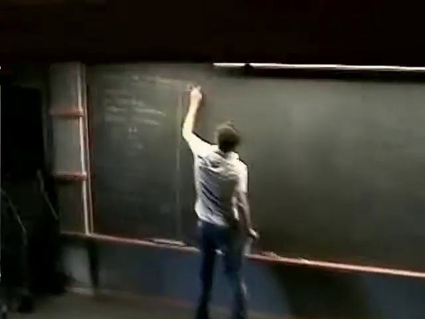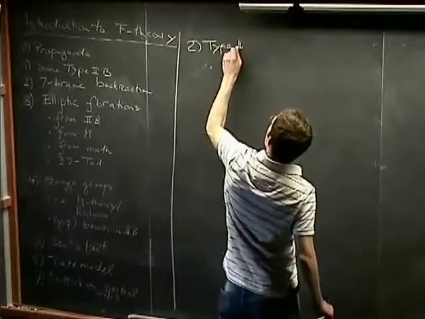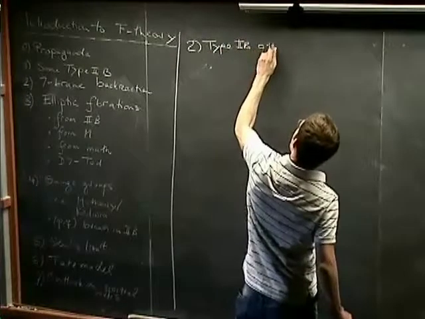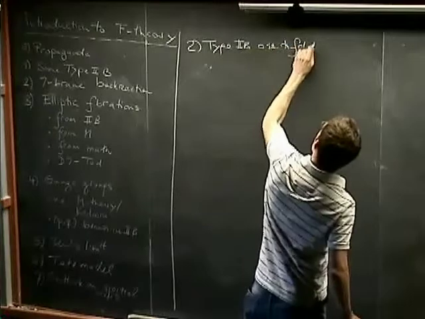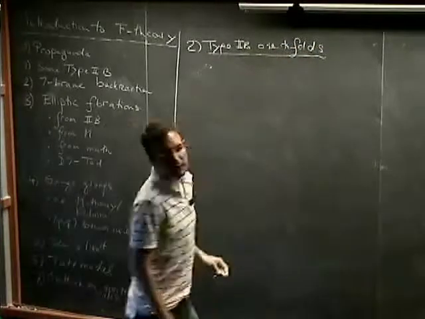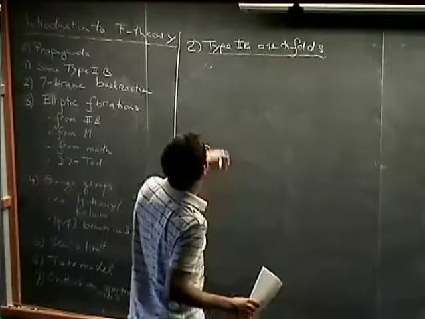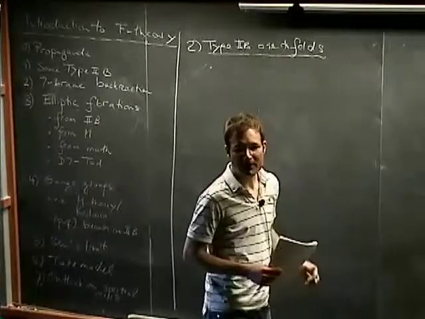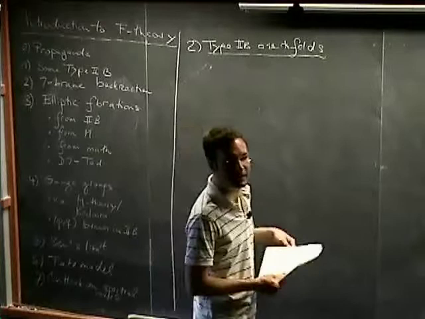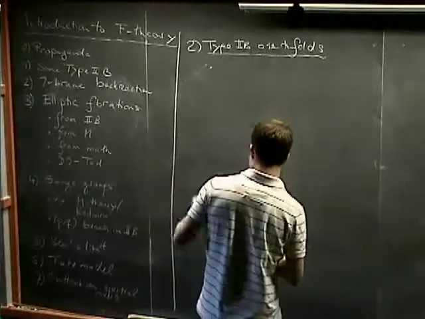So type 2B orientifolds are, of course, as you know, a compactification of type 2B on a, say, 3 complex dimensional Calabi-Yau manifold, where we mod out by an orientifold Z2 involution.